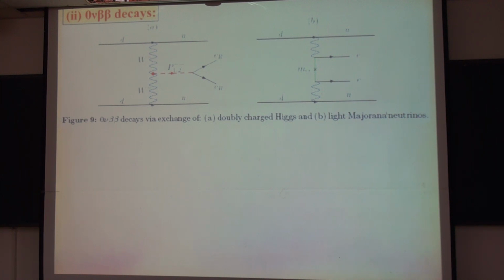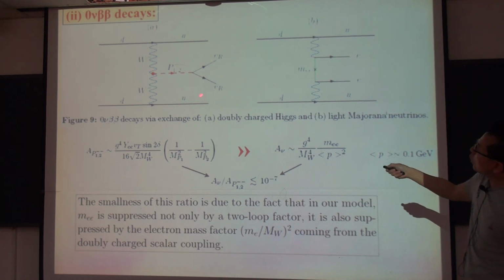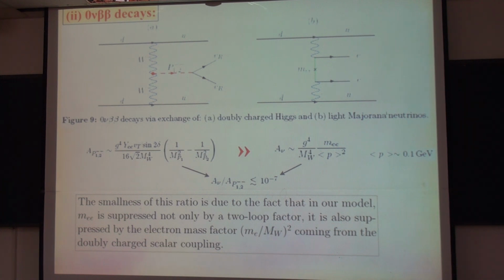You can calculate this too and put numbers in. You find out this is not much larger than this. This is not, of course, surprising. The neutrino mass is from two-loop level, and this is from tree level. Notice that there's no Majorana neutrino anywhere here. So this is just saying the black box theorem is relevant in this theory.